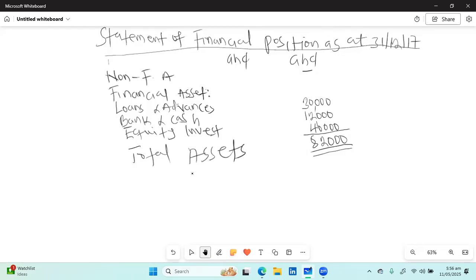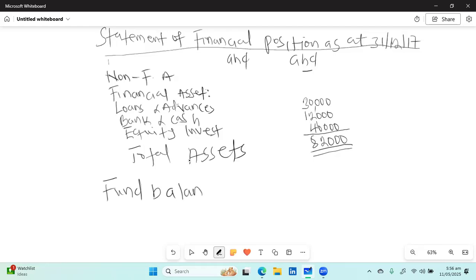Now, the next leg of our statement of financial position will be fund balances and liabilities. This will take care of the equity side and then any liabilities.